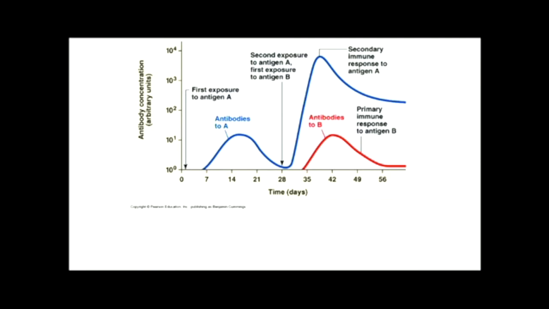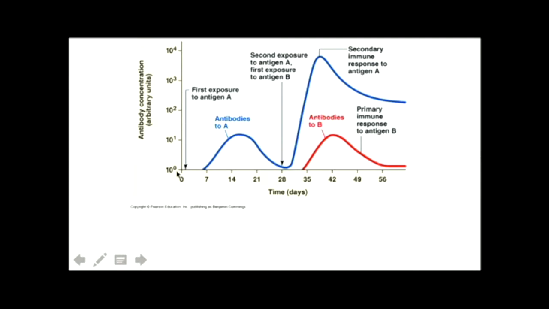Like, how can we have so many different possible recognition receptors for all of these potential antigens that are out there? So one thing that's really important to come out of all of this is this idea of immunological memory. And so you see here, this is just kind of a timeline and antibody concentration.